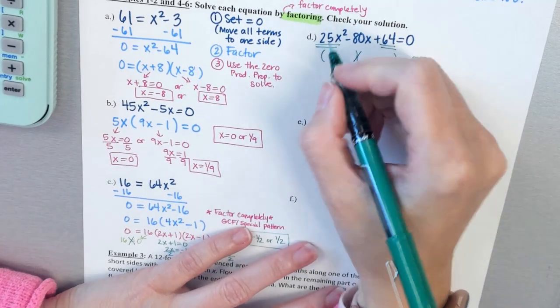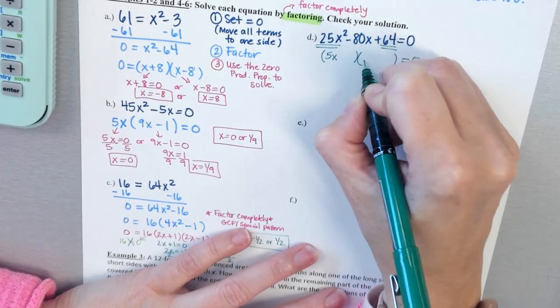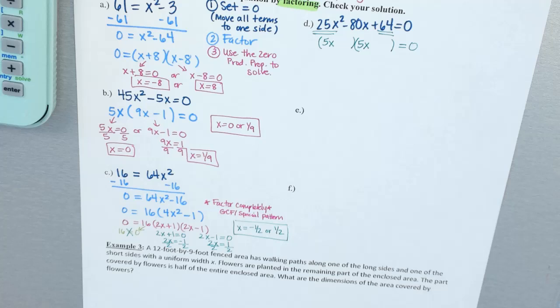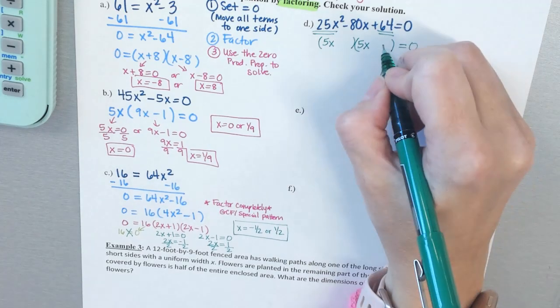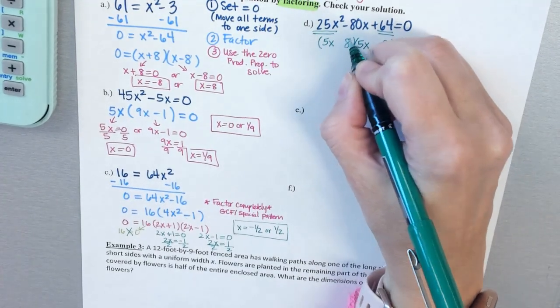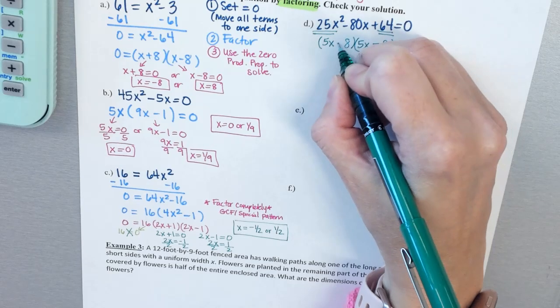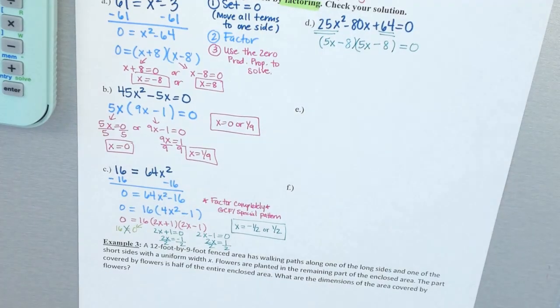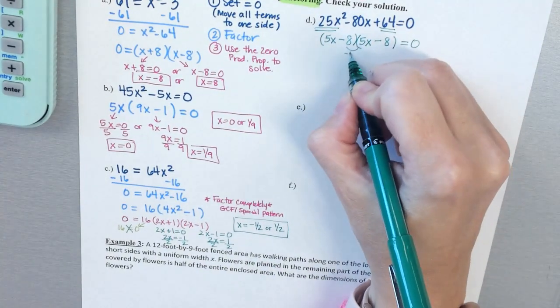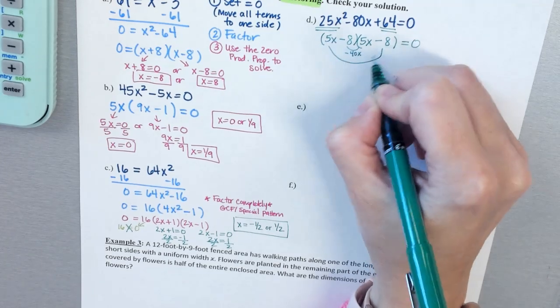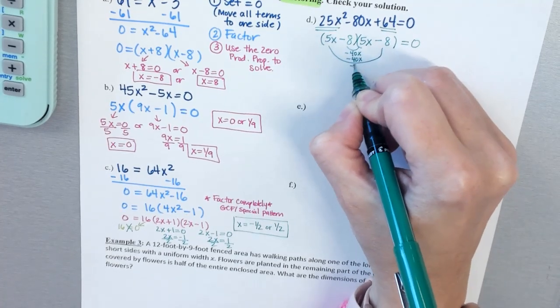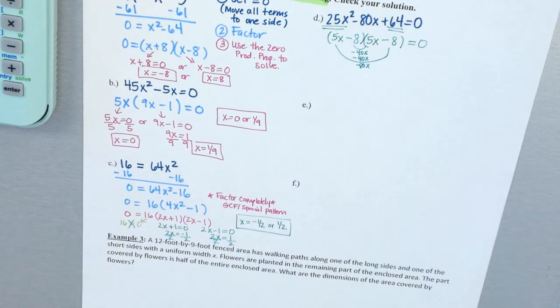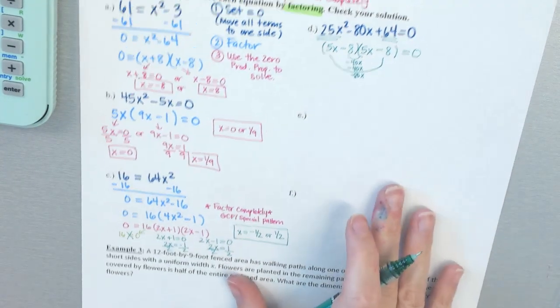So the square root of 25x squared is 5x and 5x. The square root of 64 is 8, but this has to add to a negative. So what I'm going to do is I'm just going to check with FOIL. If I have negative 40x inside and I have negative 40x outside, that's going to add to the middle, then I have factored that.